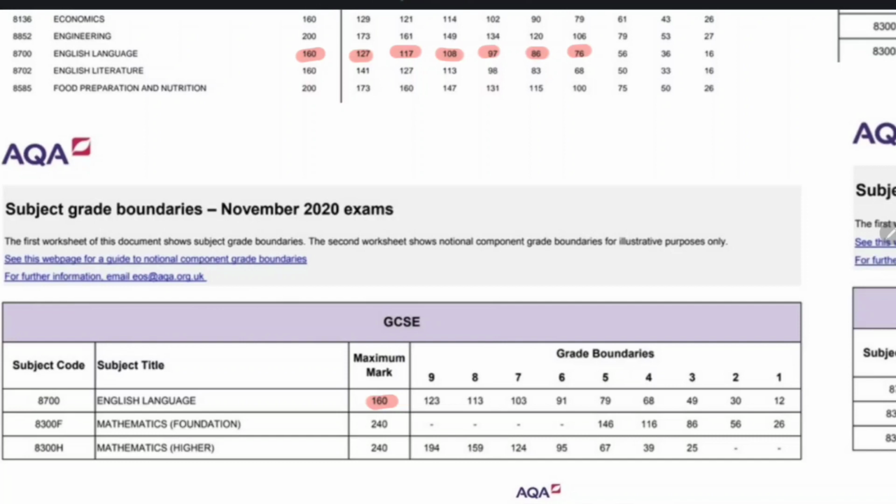So if there's private candidates who want to sit their GCSEs privately, these could be homeschool students, or students who go to a private school and want to do the exam at a later date. Often they do it in November. So for grade 9, you need 123, grade 8, 113, grade 7, 103, grade 6, 91, grade 5, 79, and grade 4, 68.